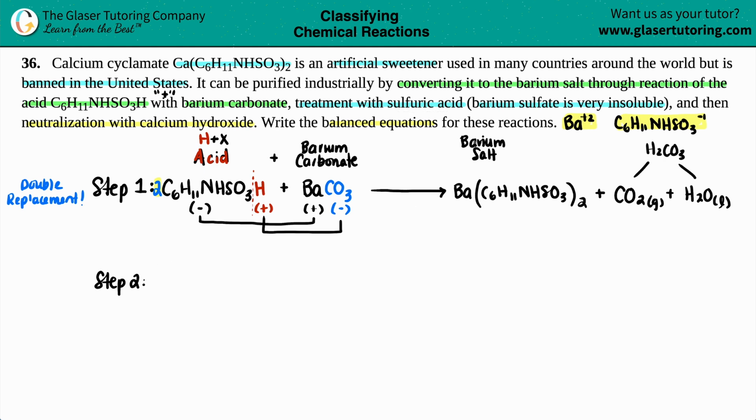So we're going to take the barium salt, because that's the only compound that we care about. So the barium salt, which we already have. So we could just rewrite that, C6H11NHSO3 2, and we're going to add it with sulfuric acid.